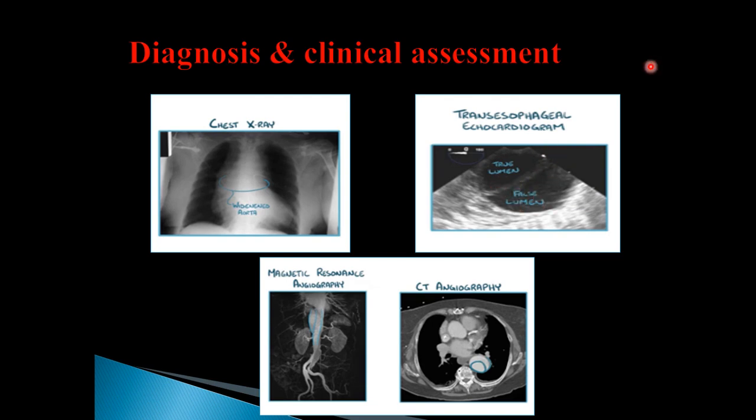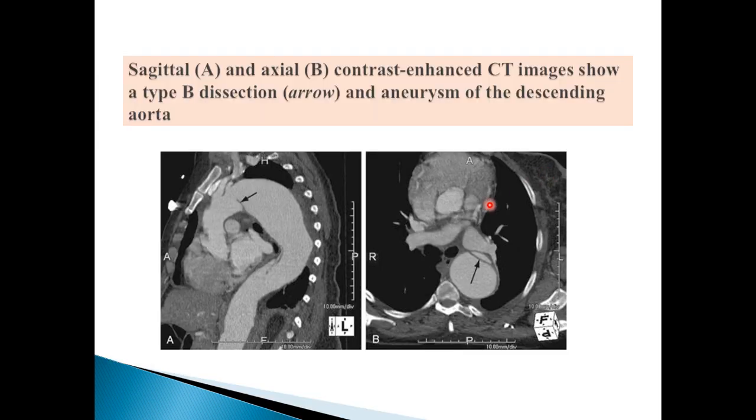Clinical assessment also comprises the use of radiology techniques, for example, simple chest X-rays, transesophageal echocardiograms, magnetic resonance angiography, and CT angiography. This is a contrast-enhanced CT image showing aortic dissection, indicated by this arrow.